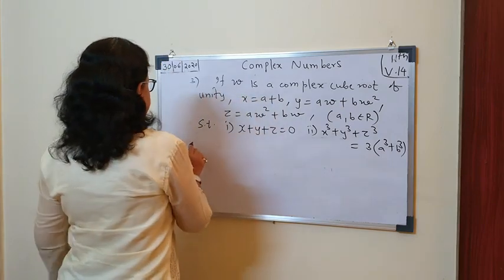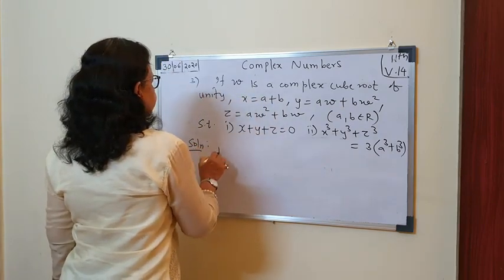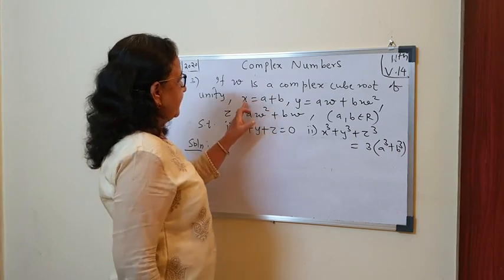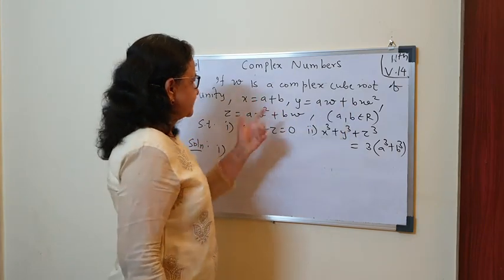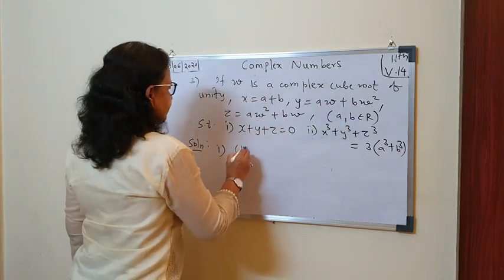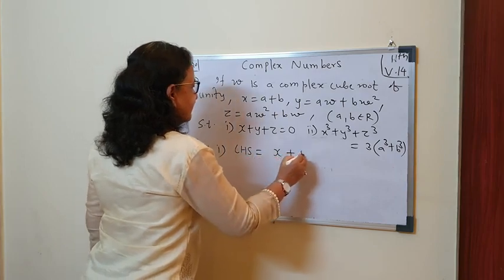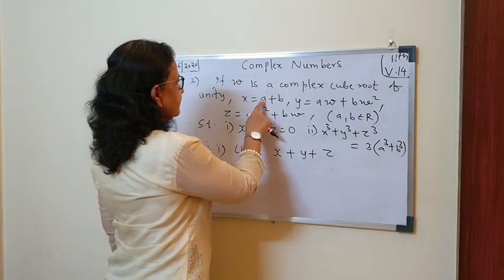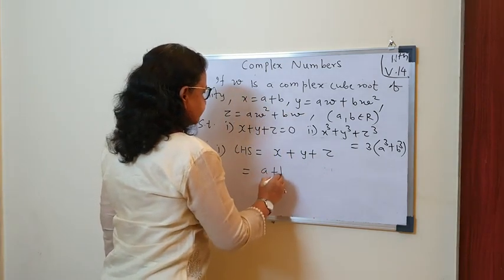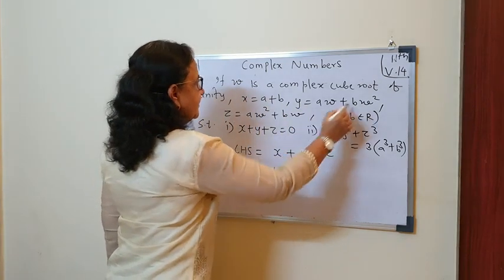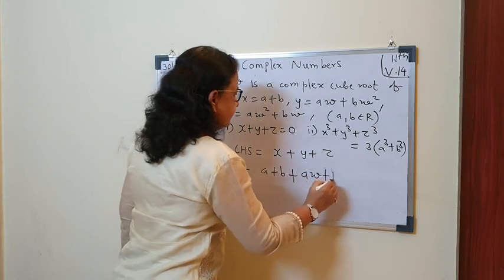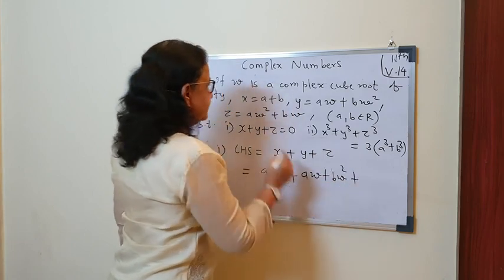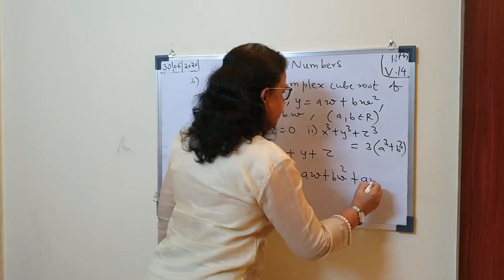Okay, let us try. So solution for the first part. See, x is a plus b, y is this and z is this. So let us take LHS is equal to x plus y plus z. Substitute x value a plus b, plus y value a omega plus b omega square, z value a omega square plus b omega.